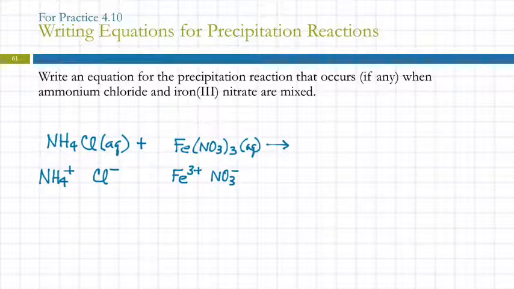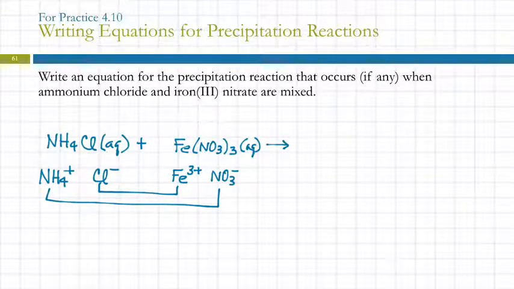Because what we're going to do is swap partners and see if chemistry happens. So iron and chloride, ammonium and nitrate. They came in guy, girl, they have to leave guy, girl, okay? It's the charges, right?